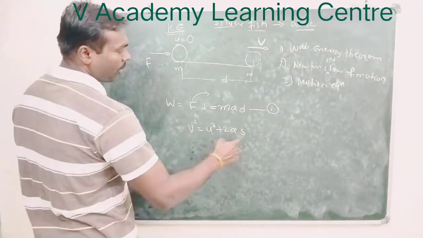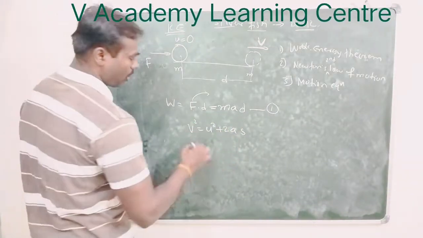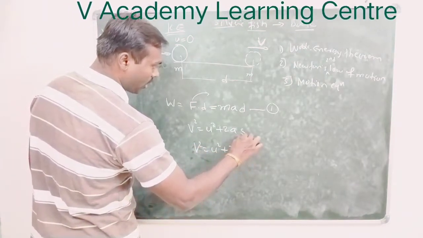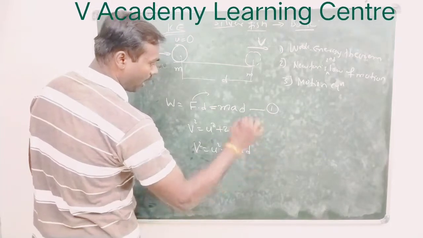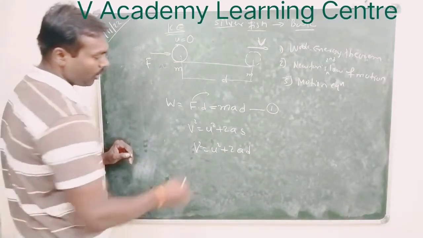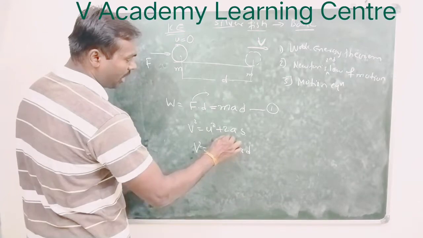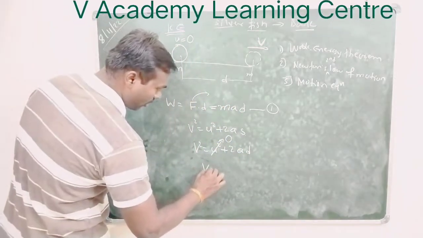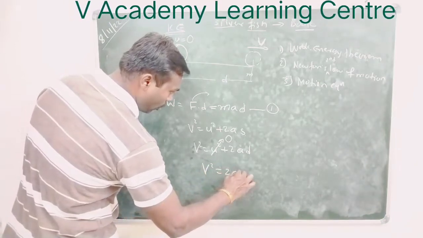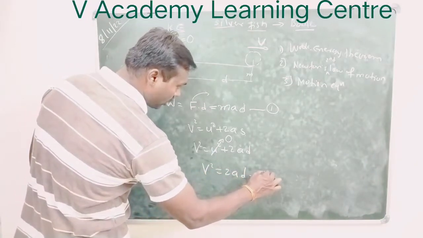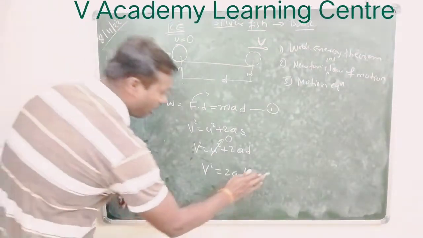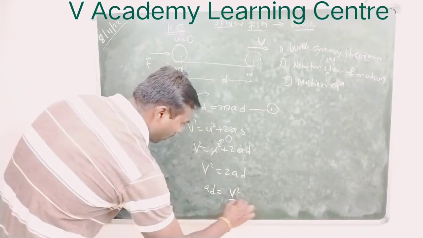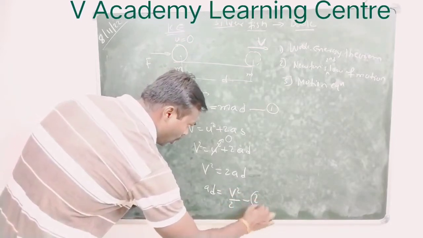Here s is the displacement, so v square equals u square plus 2ad. The initial velocity is zero since the body is at rest, so v square equals 2ad. So ad is equal to v square by 2. Call this equation number 2.